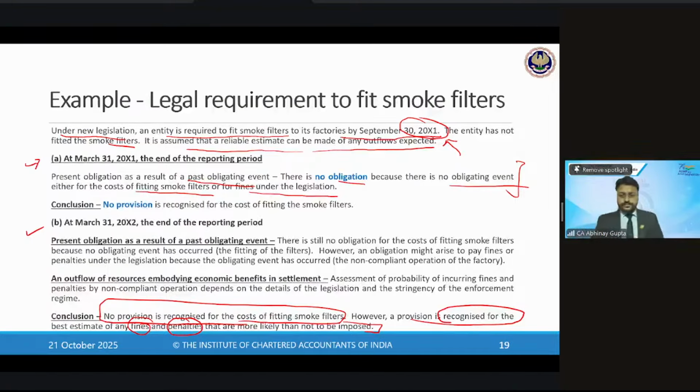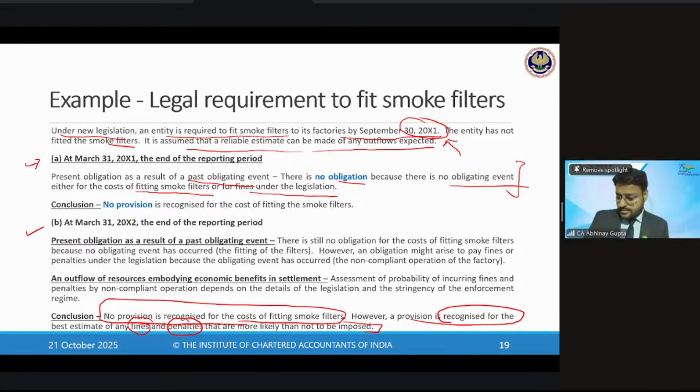What do you think? Option one: management goes to that officer and says, sir, maybe you are not aware, we are the ones who have defaulted. Although we have not received any notice from you, we are preparing the financial statements for 31st March 2002 and our auditors have asked us to provide for this, which we had not provided, and they are not ready to sign our balance sheet. So can you please issue a notice to us?